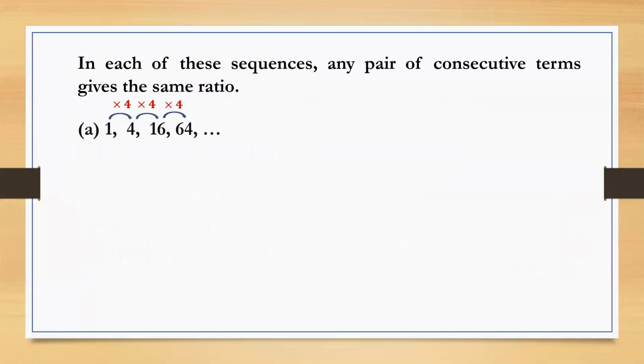We are multiplying by 4 to get the next term. Or we can also say 4 divided by 1 is 4. 16 divided by 4 is 4. 64 divided by 16 is 4. So the ratio is the same for any pair of consecutive terms.